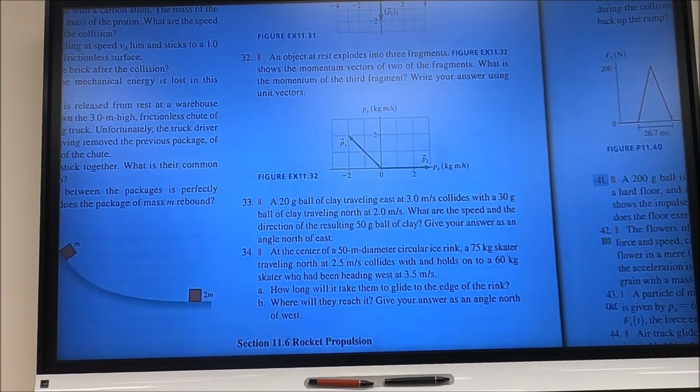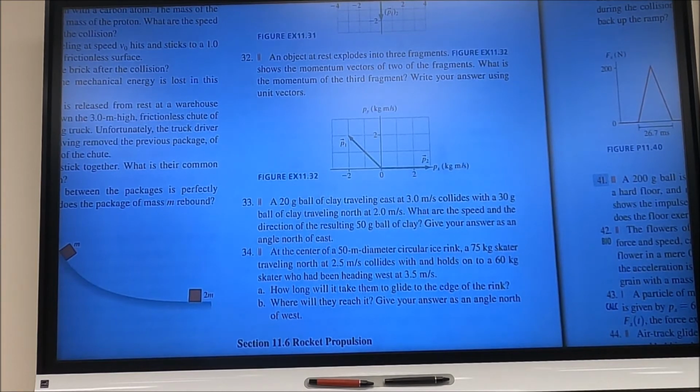So P1x is -2 kilograms meters over seconds. P1y is +2 kilograms meters over seconds. And these are the finals.